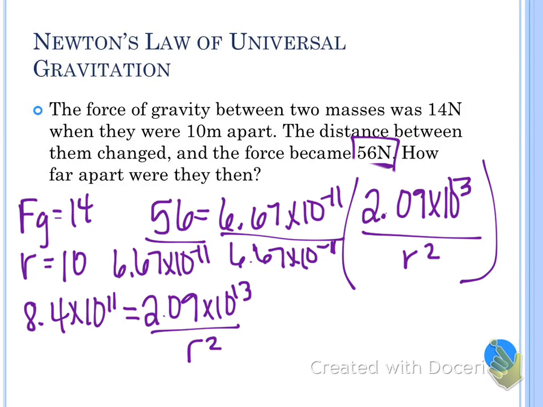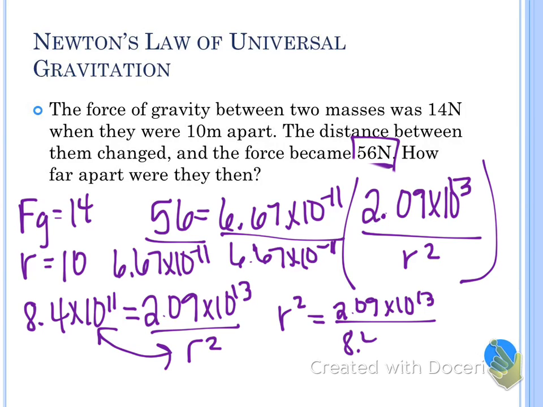Okay, so what can we do algebraically when our equation looks like this? We can switch these two places. Okay, which means our equation looks like this. R squared equals 2.09 times 10 to the 13th over 8.4 times 10 to the 11th, not negative 11.